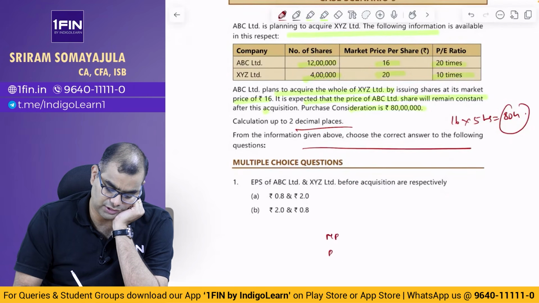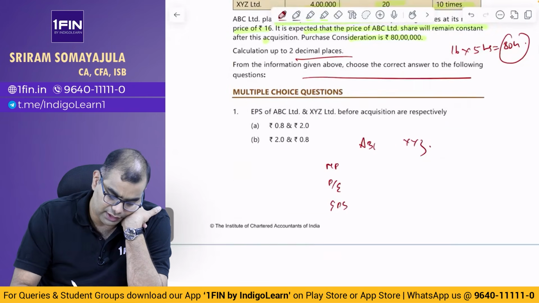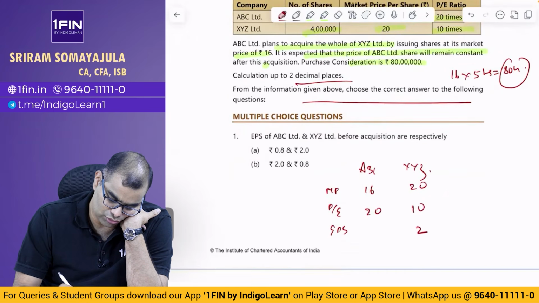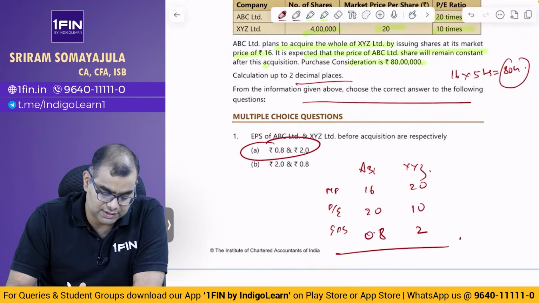Market price, PE, EPS. ABC is 16 and 20, XYZ is 20 and 10. So EPS is 2 for ABC, and 0.8 for XYZ. So answer is A, first one.